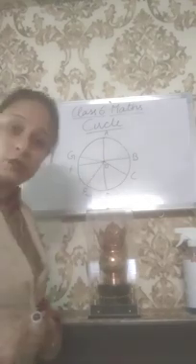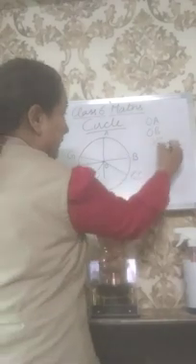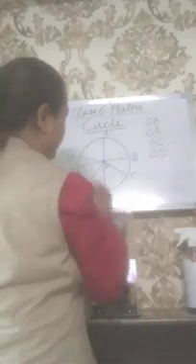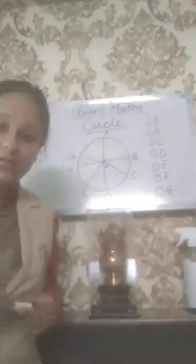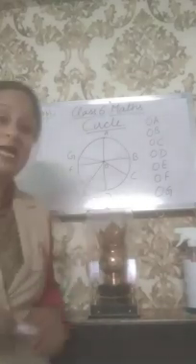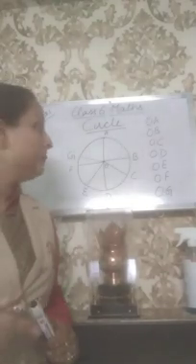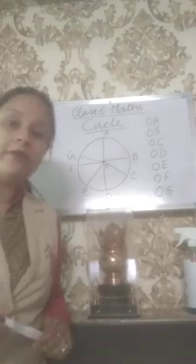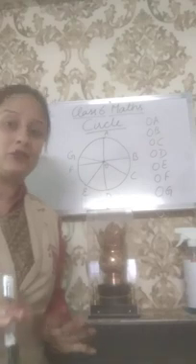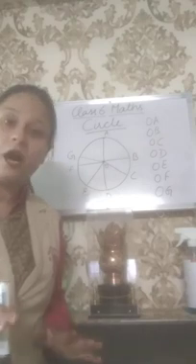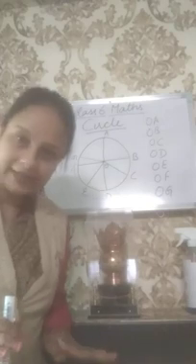If I find out the length of the line segment OA, OB, OC, OD, OE, OF or OG, if I try to find out the length of all these line segments, I will find out that all these lengths are actually equal. They are all same. Understand?